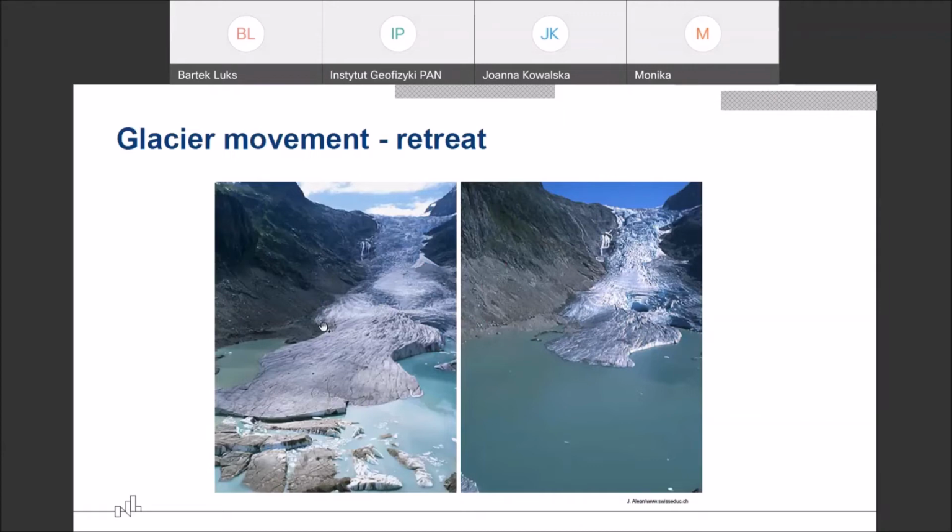In Svalbard, we have similar glaciers, maybe not that hanging, and they also melt out pretty fast. Well, Hansbreen Glacier, which we've been monitoring for the past 40 years, in these 40 years has retreated 2.5 kilometers, and it's a big glacier.